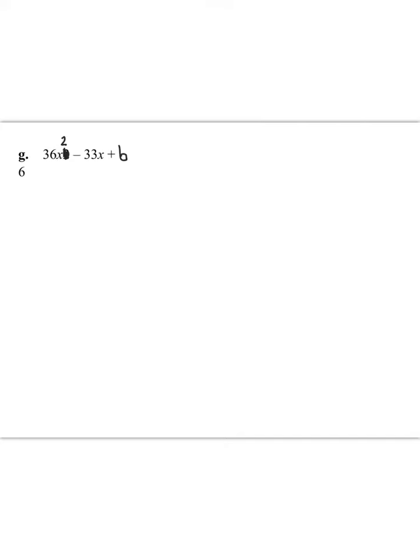So here's a little bit different of an example where we can factor out common terms before we start anything else, because 36, 33, and 6 all have a 3 in common. So when I factor out my 3 from each term, that essentially means I'm dividing it by 3. So 36 divided by 3 is 12, and 33 divided by 3 is 11, and 6 divided by 3 is 2.